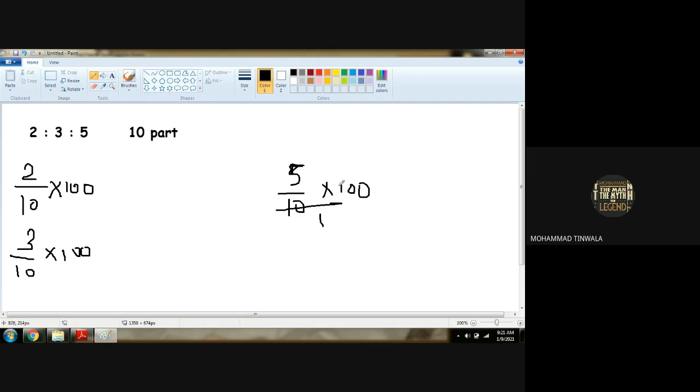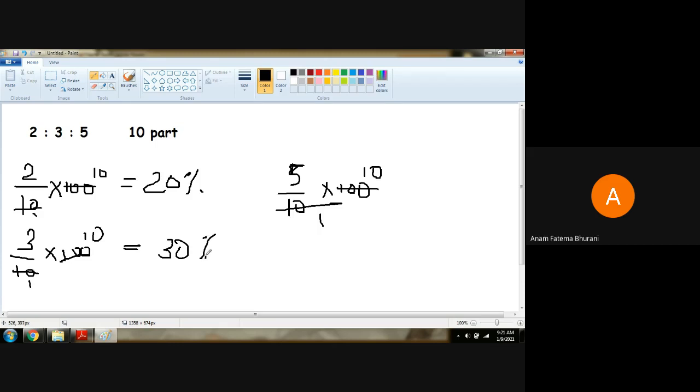All three will be 10 tens are 100. So you got here 20%, 2 tens are 20%, 30%, and 50%.